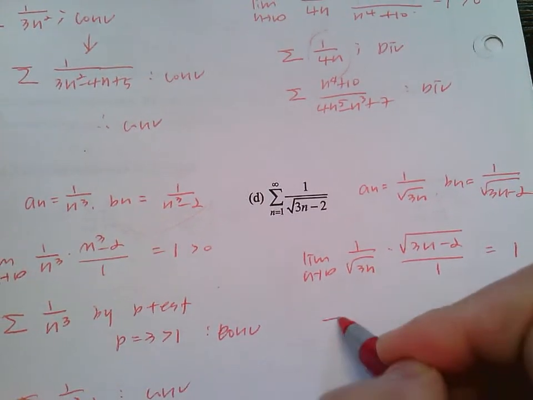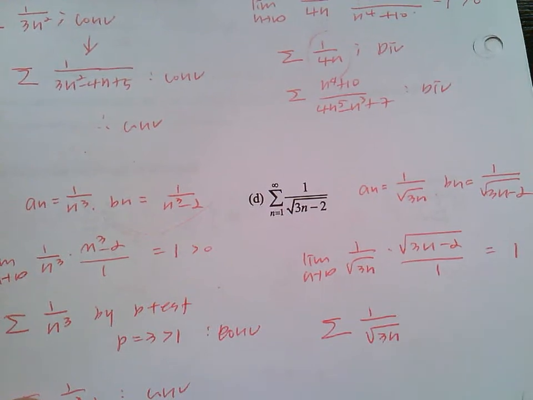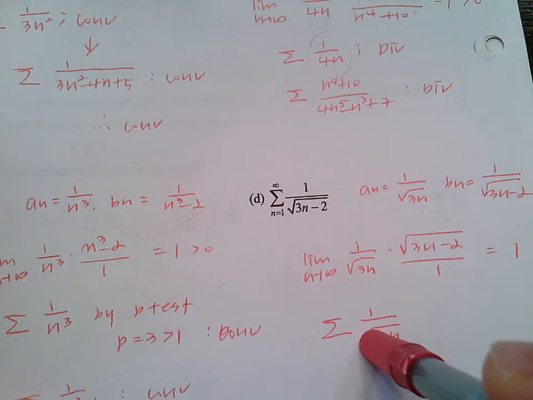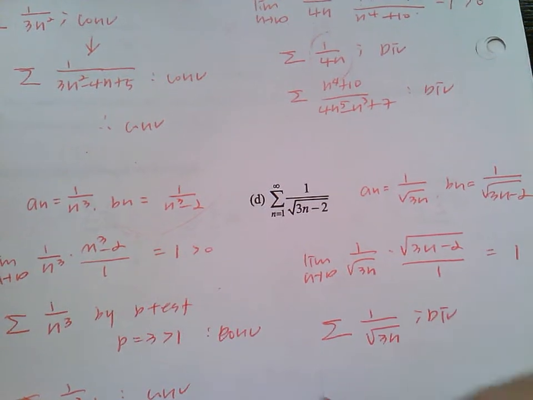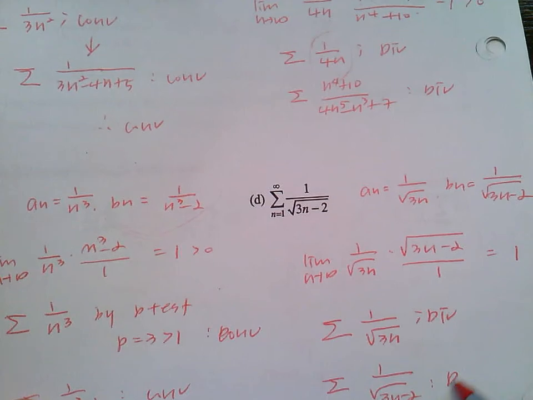Positive finite. Now sigma notation 1 over root of 3n, we know this is 1 over root of n. By the p-test, p is 1/2, right? So it diverges. So we know this one diverges. So b sub n, which is 1 over root of 3n minus 2, also diverges.